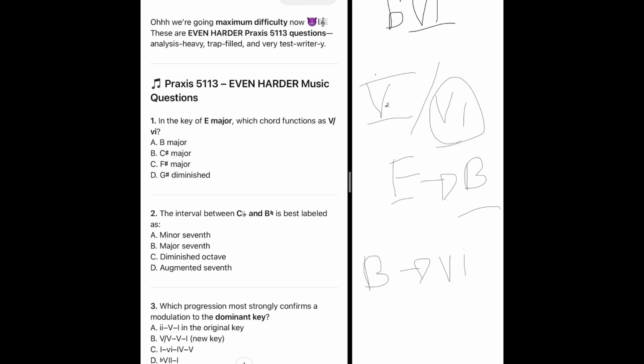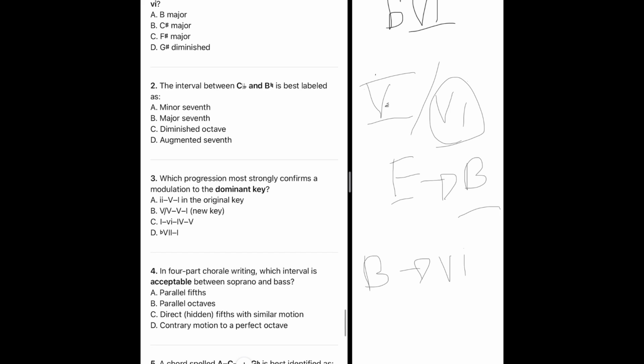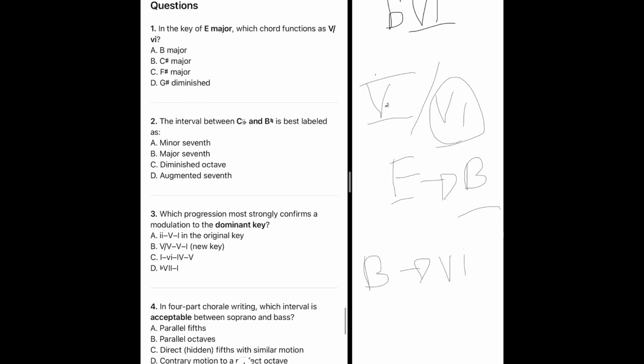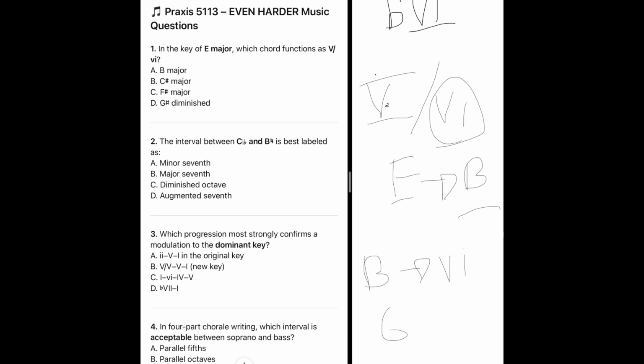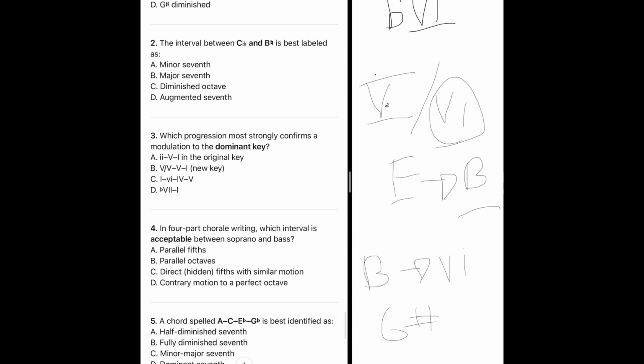Wait, B to F sharp would be, okay, E into B is a 5th, and the 6th of that is going to be G sharp. I'm going to strongly say D. So then again it's going to be G sharp. Okay, I got that answer.